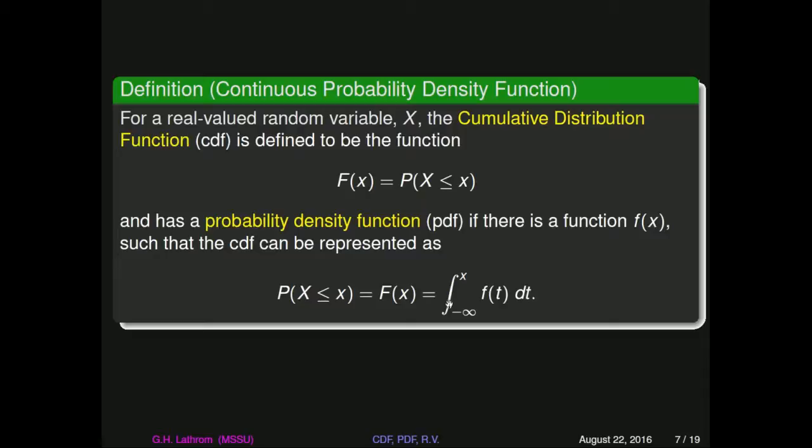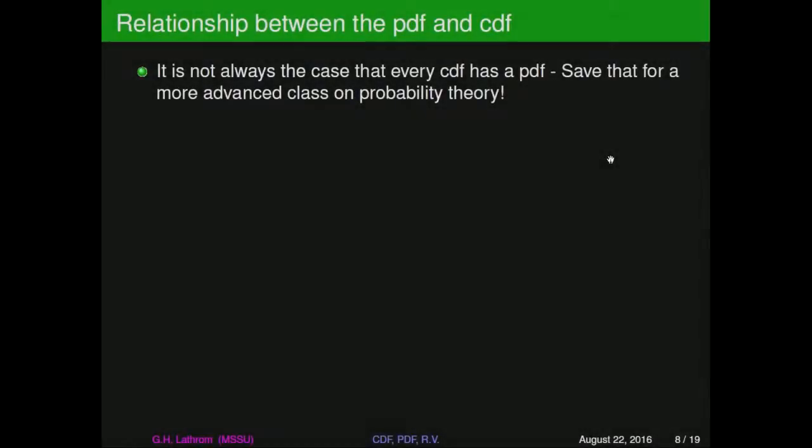So if we can write our cumulative distribution function as an integral, then the integrand of that integral is going to be our probability density function. Now, it's not always the case that every cumulative distribution function has a probability density function.